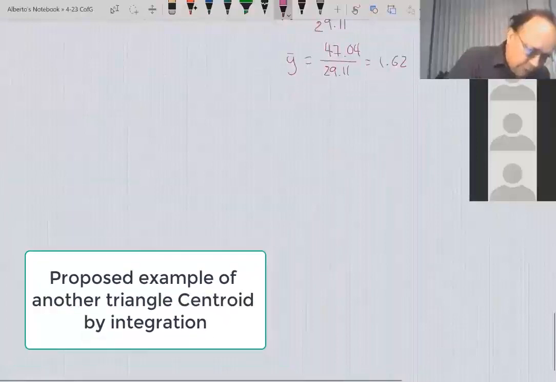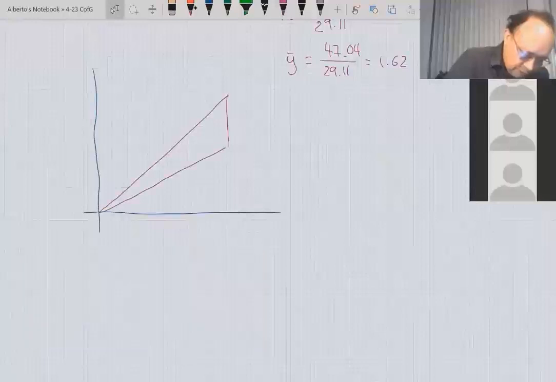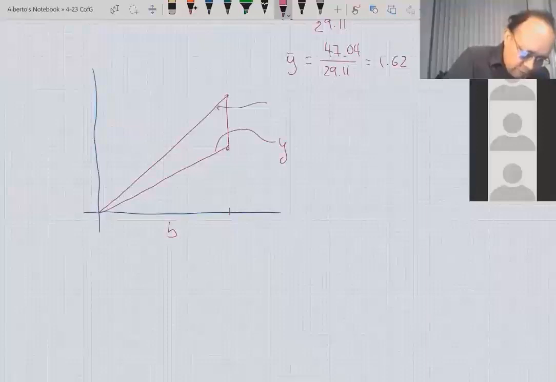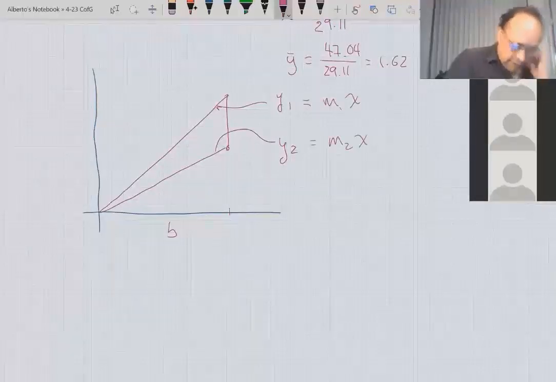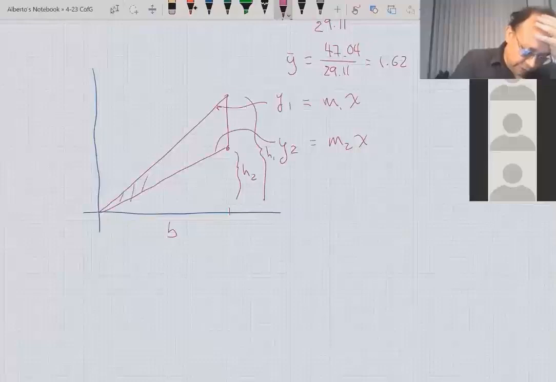You have one line like this and another line like this, and then you cut it here. So this distance, let's call it D, and then you have some coordinates here: y1 and y2, x and 2x. Then you have this height here, let's call it h2, and all this height h1, and then find the center of gravity of this triangle.